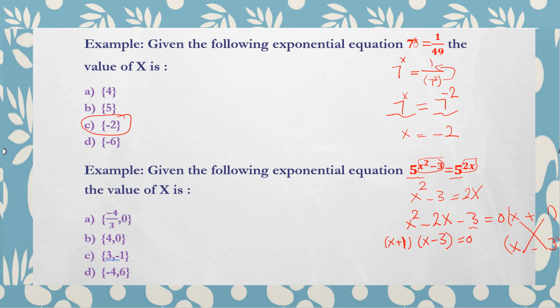By equating each quantity with 0, then x plus 1 equals 0 and x minus 3 equals 0. Then x equals minus 1 and x equals 3. So the solution set equals minus 1 and 3. These are the values of x, and the correct answer is C.